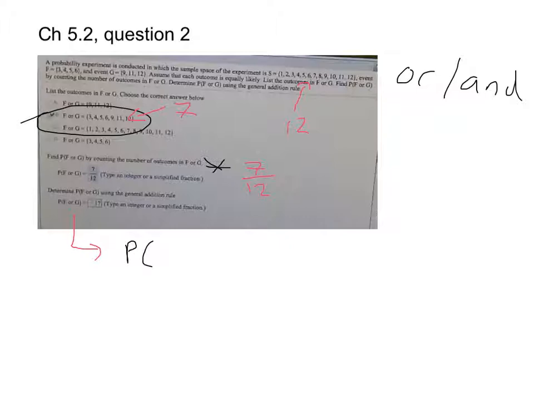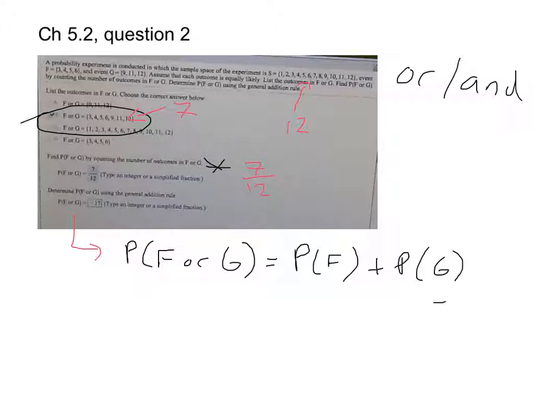So here it's the probability of F or G. That's equivalent to the probability of F, plus the probability of G, minus the probability of F and G.